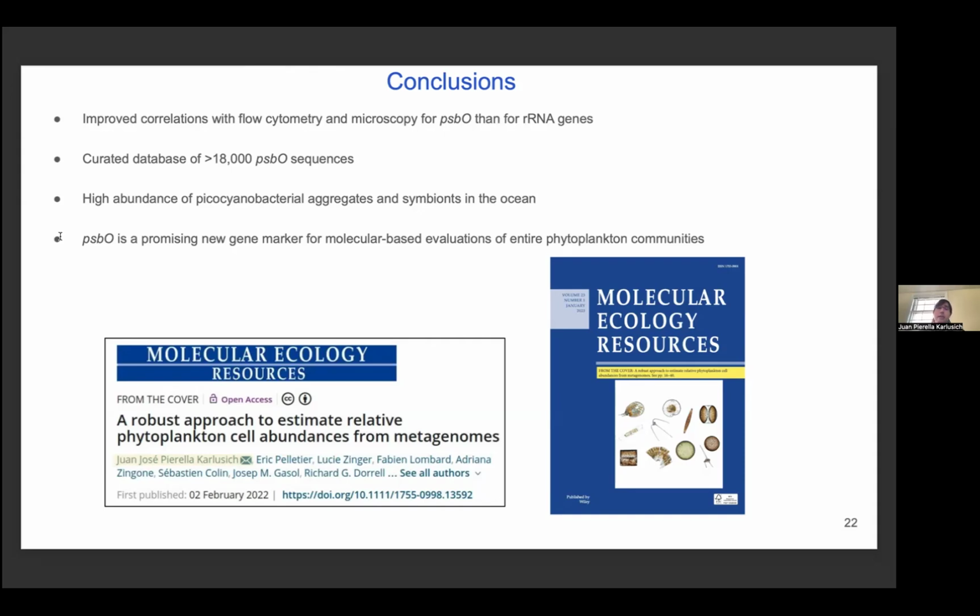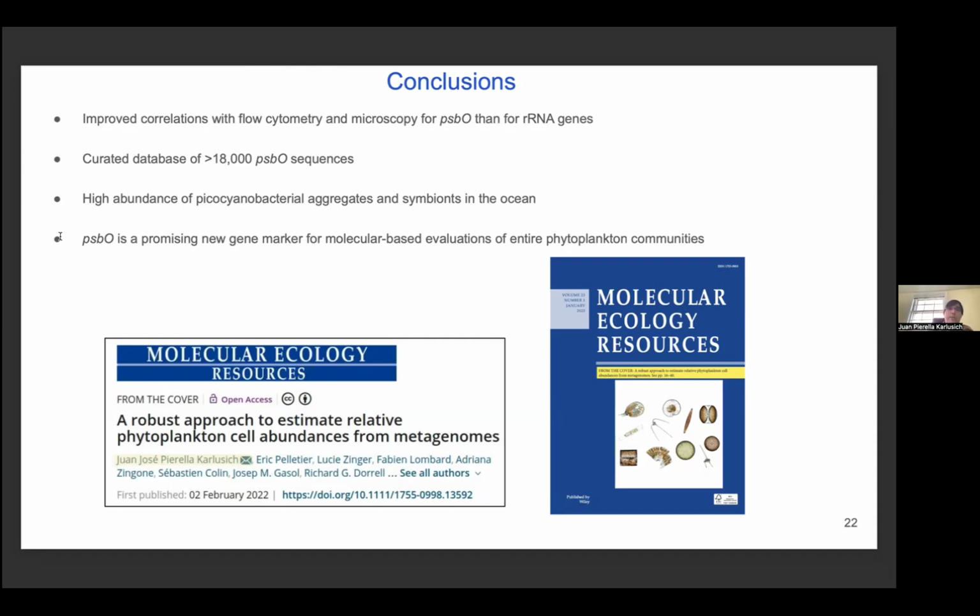For this work we selected and validated a new gene for analyzing the entire phytoplankton community. We found that PSBO has improved correlations with microscopy and also flow cytometry compared to the ribosomal RNA gene.